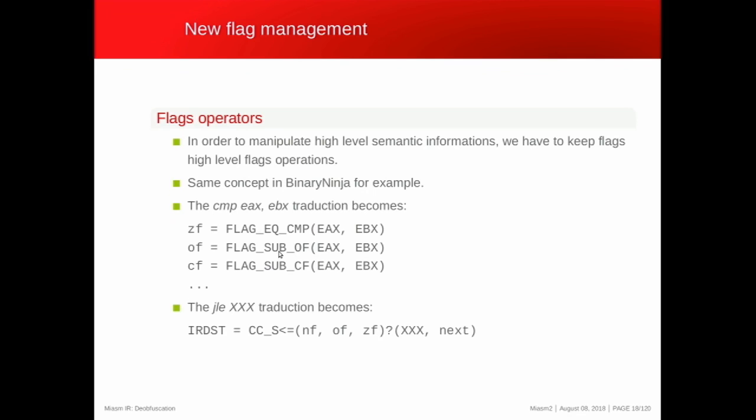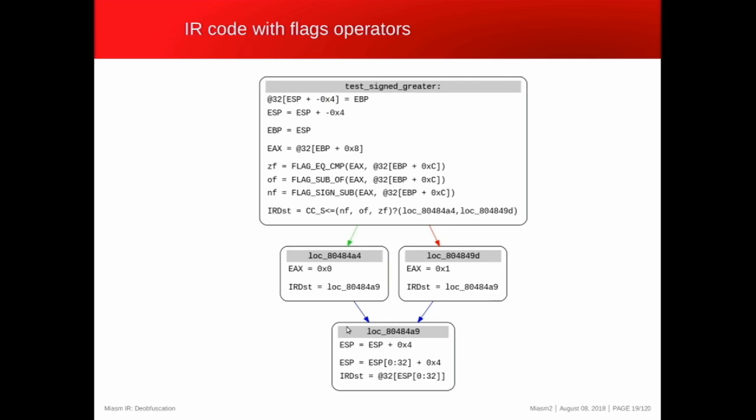As well, the jump less or equal will be represented by a new operator, which will take only the parts of the E flags that are used to compute the conditional jump. So here is a new intermediate representation using this new intermediate language, with these new intermediate flags.